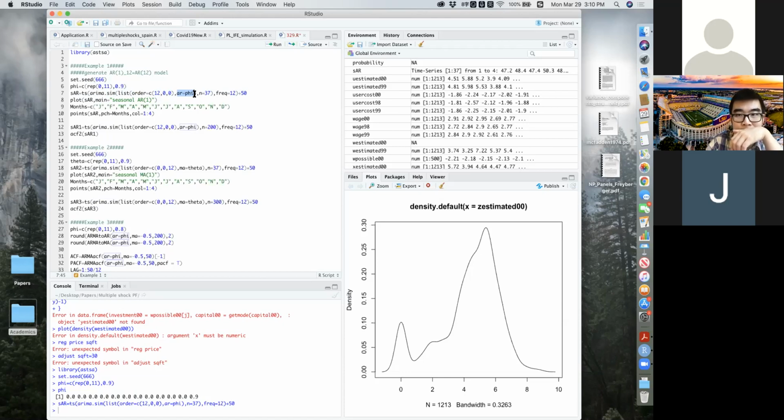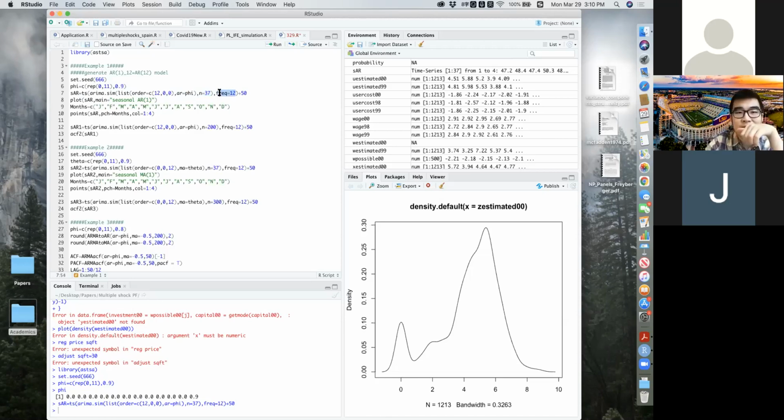And we generate this sequence 37 times. Why 37? Because we start with 1, 2, 3, up to 12, so that's 12 observations, then another 12 observations, so the total is 24, then another 12, so the total is 36, and we add one more. That's why we do 37 observations.